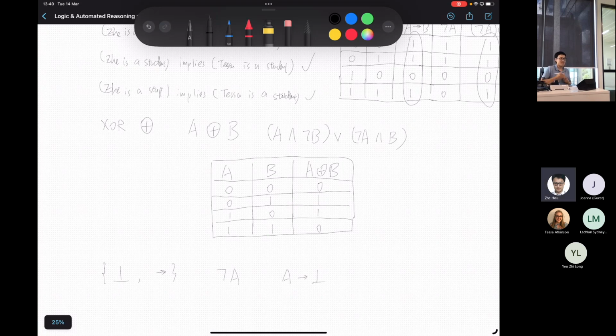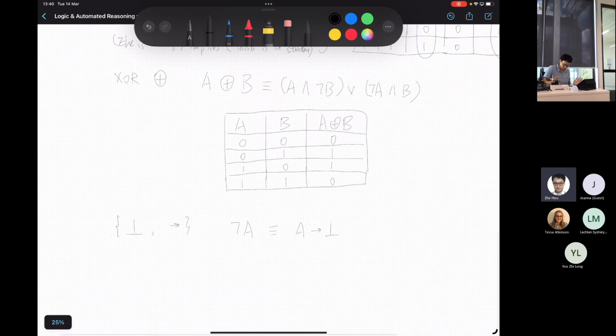If A implies false, then A is not true, so they are equivalent. I haven't been drawing this symbol for equivalence because that's another thing I wanted to derive. We'll talk about that in a second. So not A is A implies false.